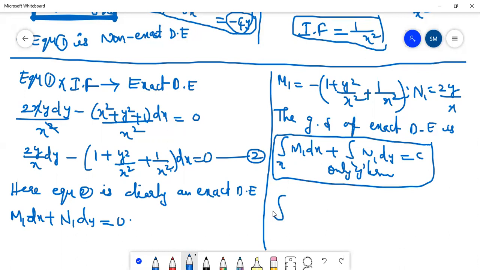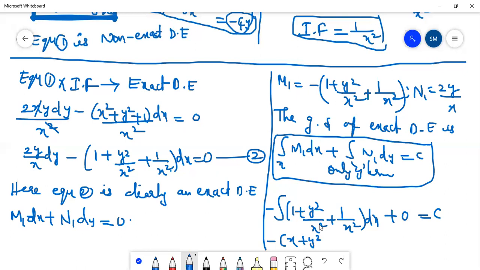Here the integral, minus is right outside. Integral of (1 plus y squared by x squared plus 1 by x squared) dx, plus no y terms, it is 0, equal to c. Integration of 1 dx is minus x. Y square is a constant, right outside. Integration of 1 by x square is minus 1 by x.